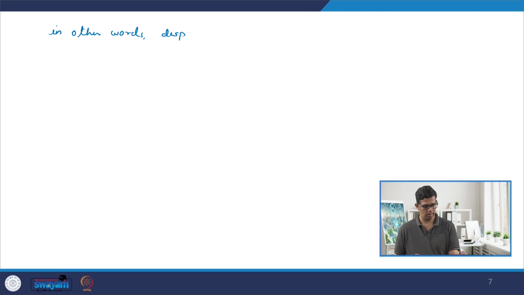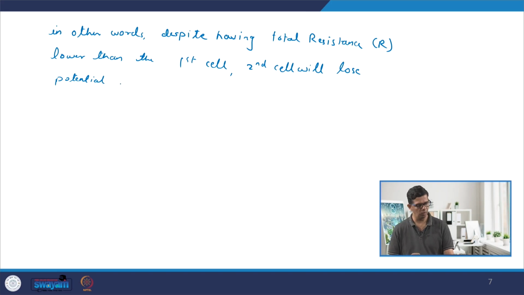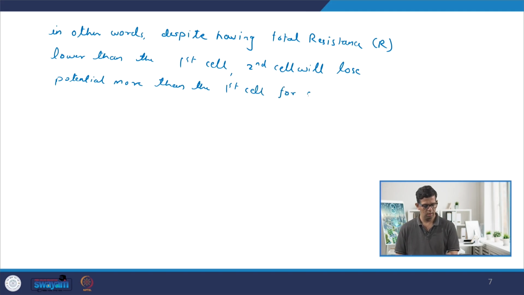So, let me write that one. Despite having total resistance, which was given in the numerical, lower than the first cell, the second cell will lose more potential than the first cell for the same current density drawn.